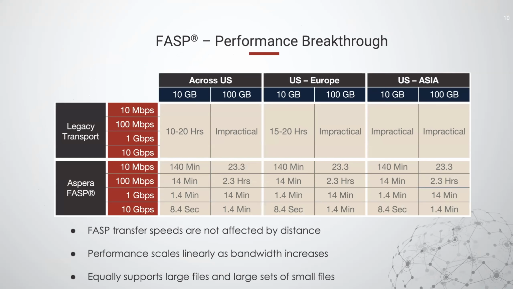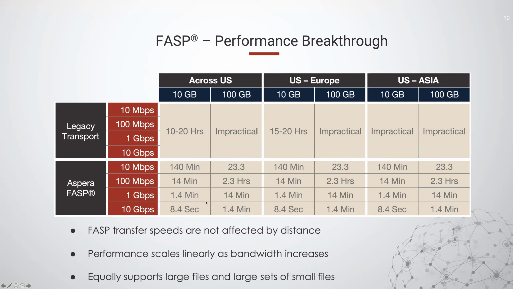Now, all this comes down to, of course, for a lot of folks, this performance breakthrough where, regardless of how far you're sending data or the underlying network conditions, it sort of reduces it to a math problem, right? How much data are you sending? How much available bandwidth do you have to send it? And we can work out what those transfer times are going to look like.